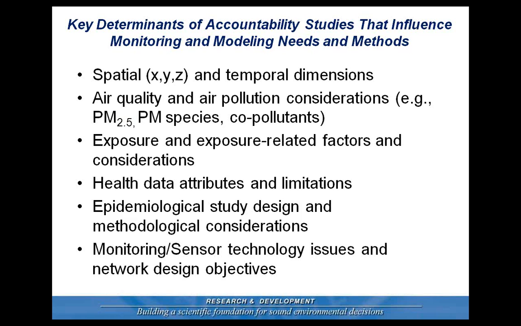The next item is the monitoring and sensor technology issues. We talked a lot about how, as I think Neil also mentioned, to use specialty monitoring networks for research purposes or other types of local community investigations of air pollution health impact.